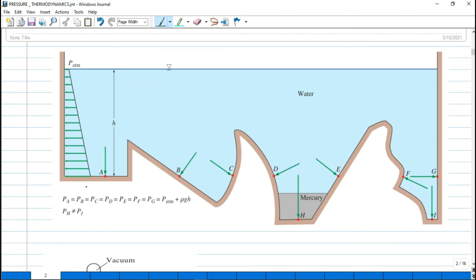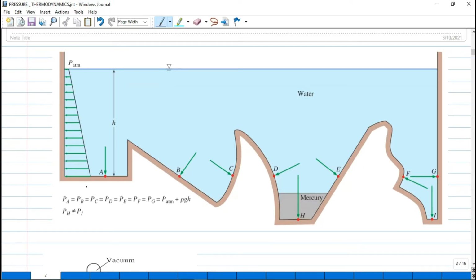Then we go here, guys, to the concept of pressure on varying heights. Pressure increases linearly, meaning the deeper you go from the surface of the fluid, the greater our pressure gets. So pressure is height dependent.